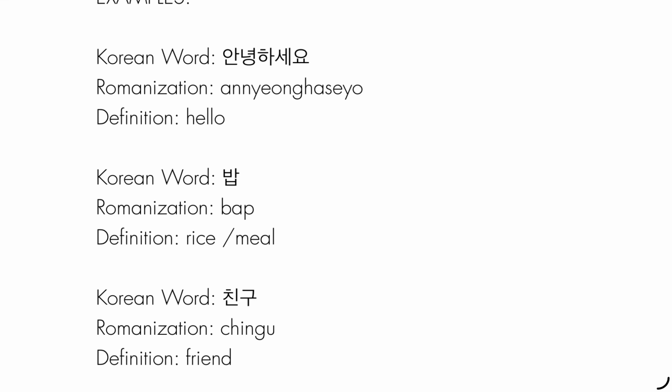Romanization tells us how these syllable blocks should be pronounced. So the first block is "an." Not even the second N, just one N. An. And then the second syllable block is actually this whole thing.